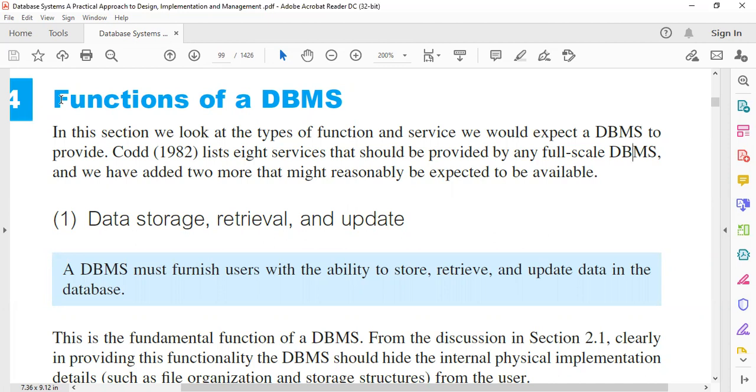I believe that assignment is fully done, because we agreed that everybody look at those roles played by the various individuals within the DBMS environment. So today I want us to look at the functions of DBMS, and if time allows, we're also going to look at the components of DBMS.